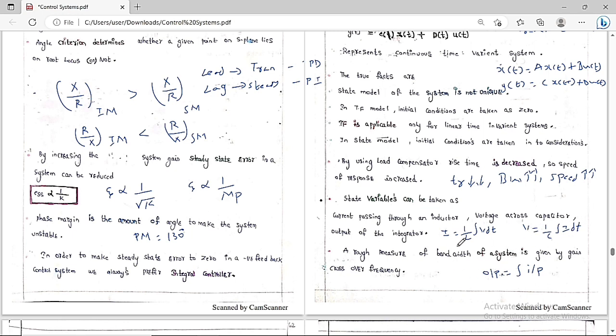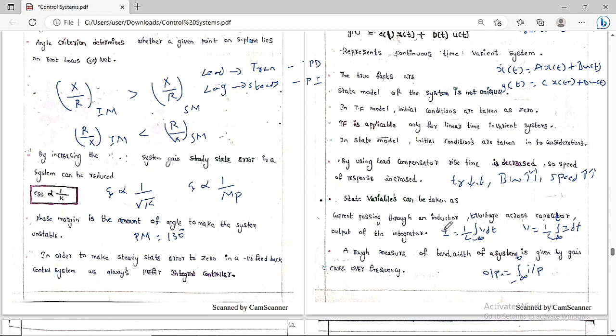They are called state variables because they will have some initial conditions also, because we are integrating from minus infinity to t. We split this integration into minus infinity to 0 plus 0 to t, so some initial conditions are there.